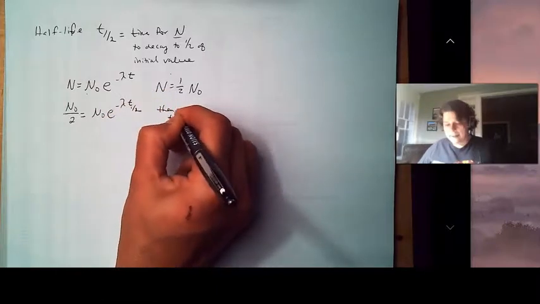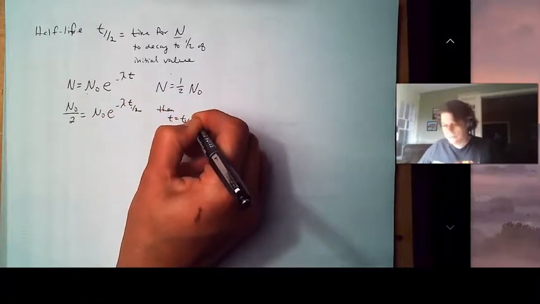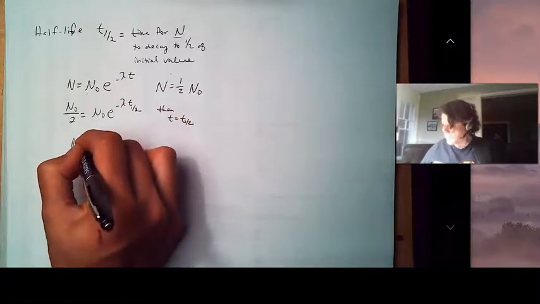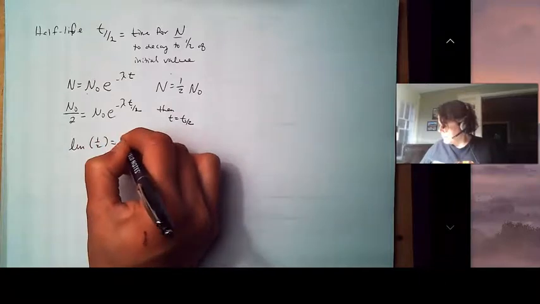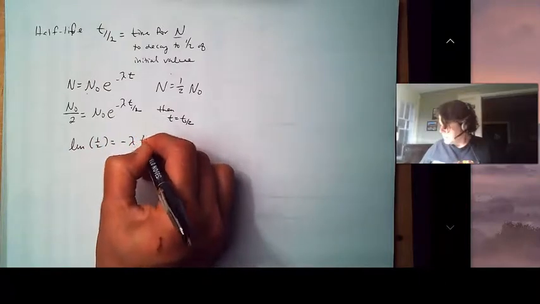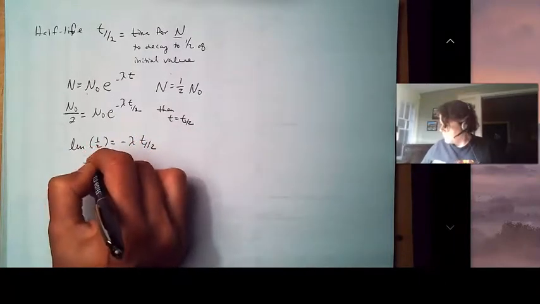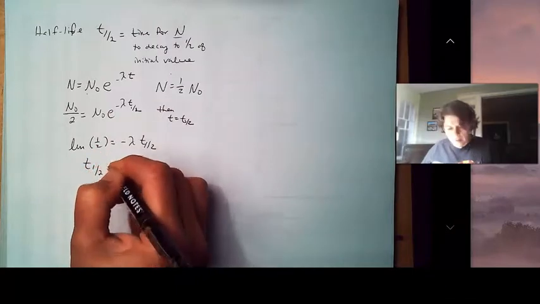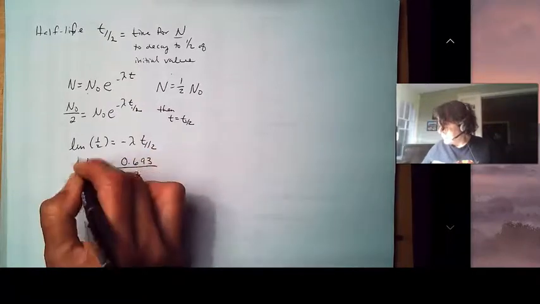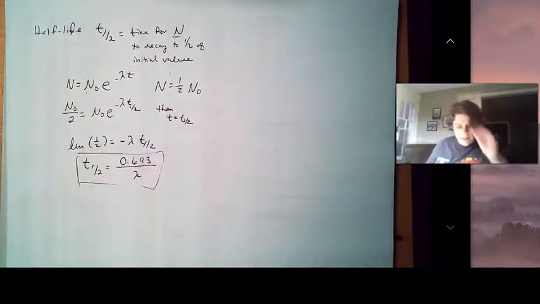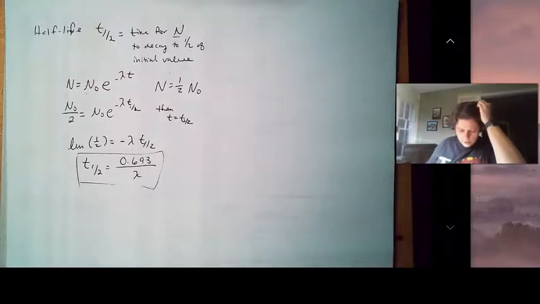Then t equals t 1/2. We get the natural log of 1/2 equals negative lambda t 1/2, or the time of the half-life equals 0.693 divided by lambda. That is our main equation here.